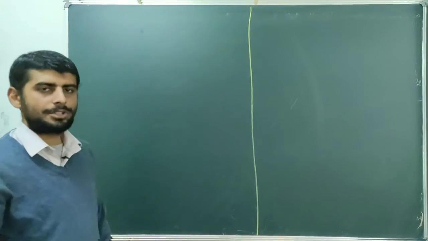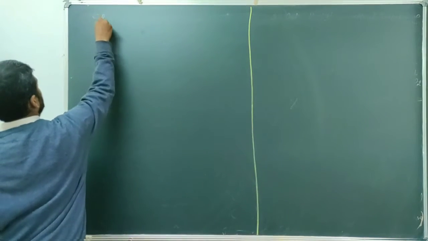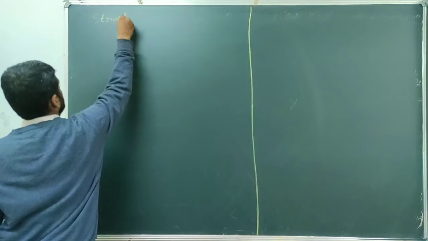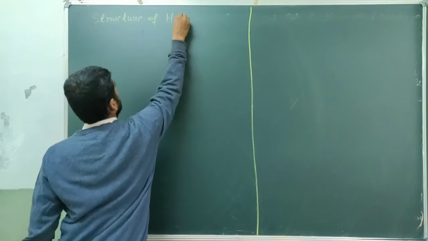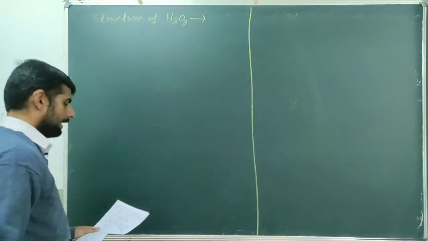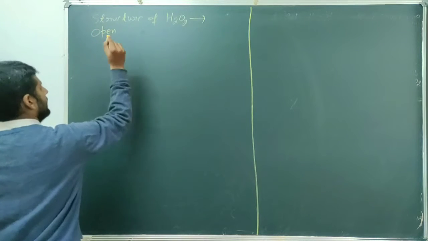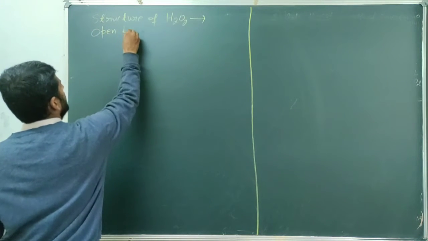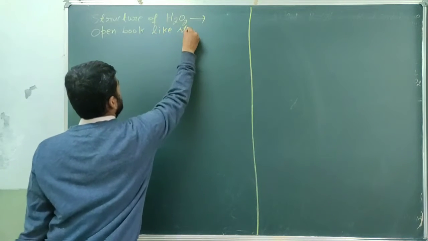Now, students, the structure of H2O2 that we will do. Structure of H2O2. It is an open book like structure. If it is given in NCERT, it is an open book like structure.